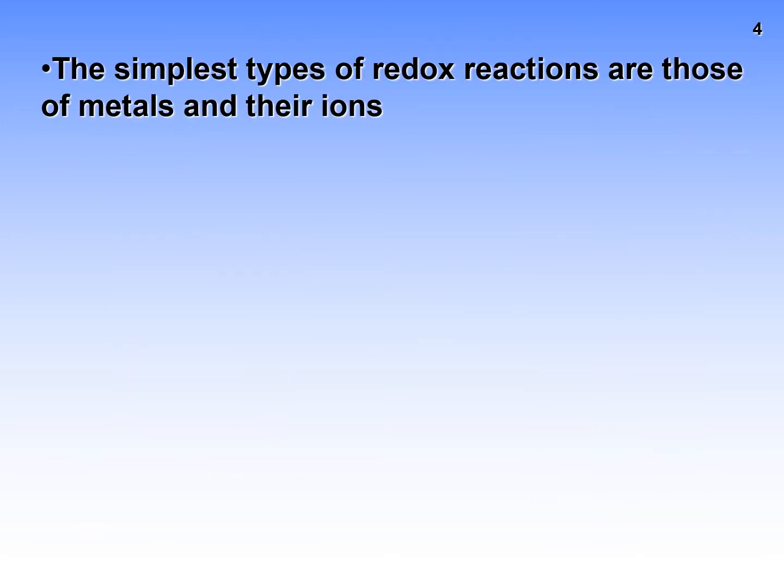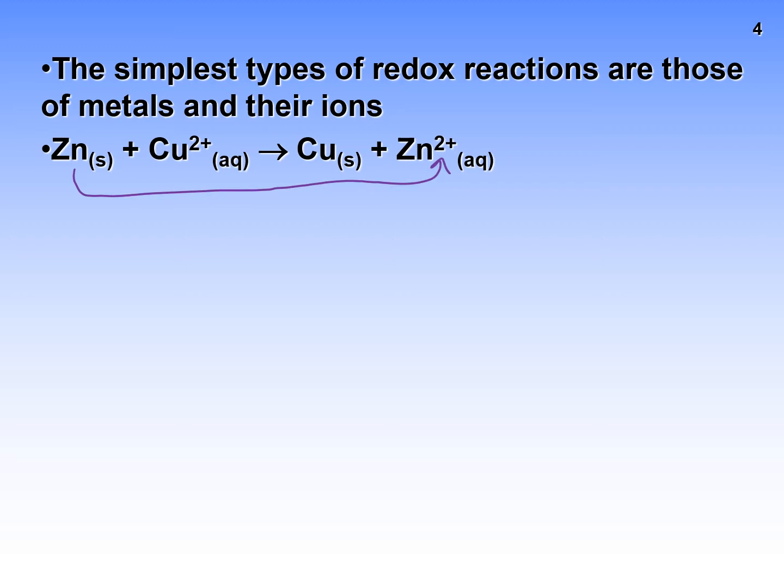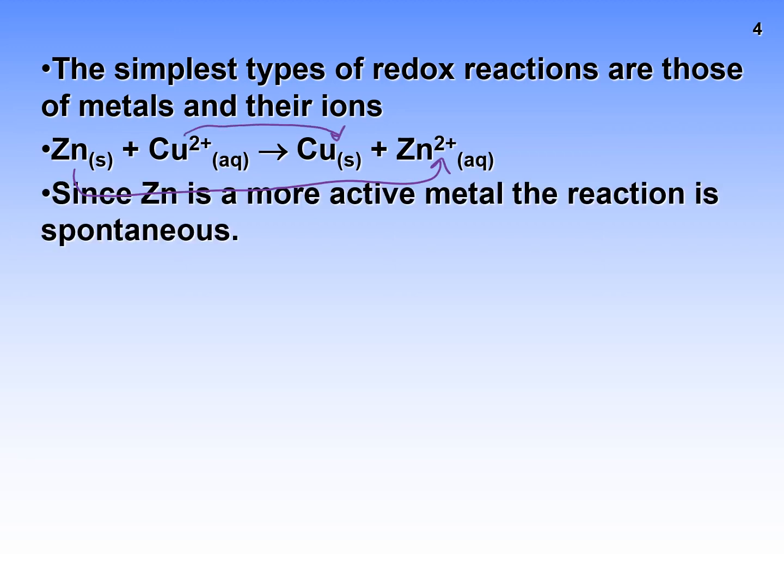So the simplest type of redox reactions are like what I just showed, metals and their ions. We have zinc going to zinc 2 plus, we have copper 2 plus going to copper solid. Zinc is a more active metal. We generally don't go over the activity series anymore in Chem 1A, but that's one of the ways to predict what a single replacement reaction's products will be, and this is actually technically a single replacement reaction.